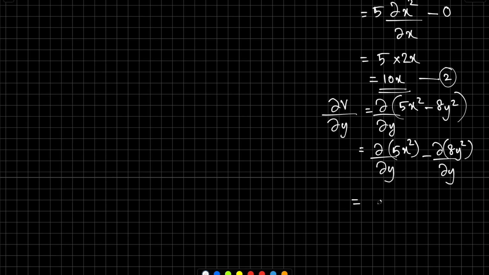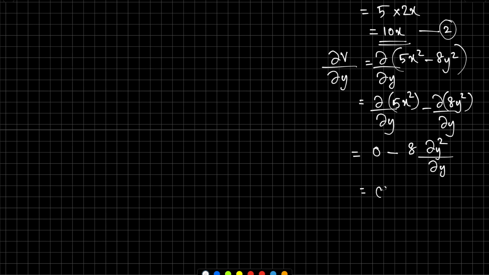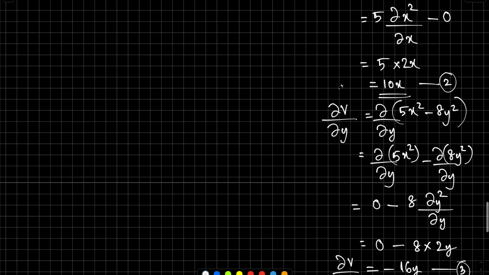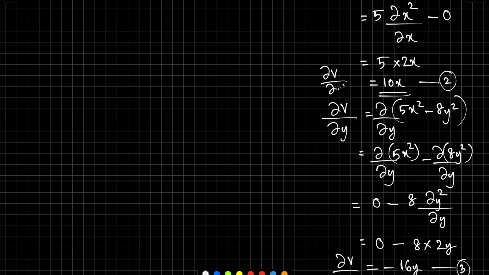There is no y at the top, so 0 minus. We are differentiating with respect to y. Take 8 outside and dou y square over dou y. 0 minus 8 times dou by dou y of y square is 2y. So the answer is minus 16y. Equation number 3. This is dou v by dou y, and this is dou v over dou x.